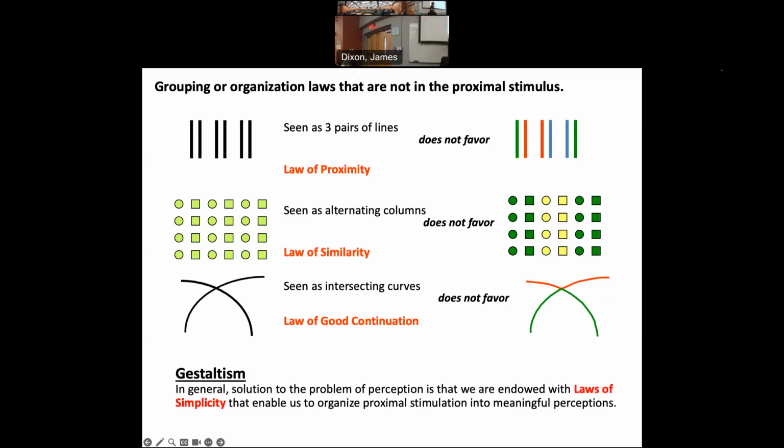So in general, the perceptual solution that perception settles on is following these laws, and in a way you can give them an overarching name. They tend to call them the laws of simplicity. And the laws of simplicity, these examples of some of those laws, describe what it is you do when faced with the world.